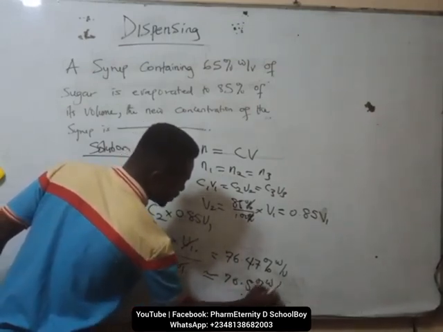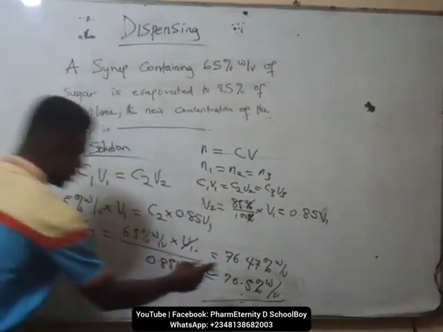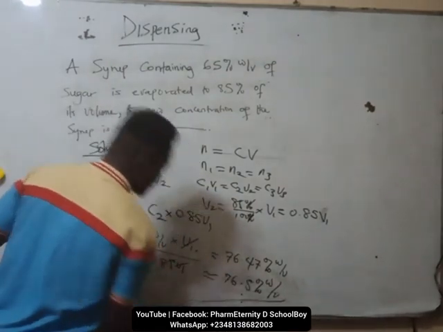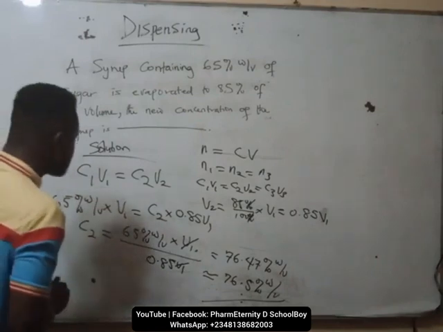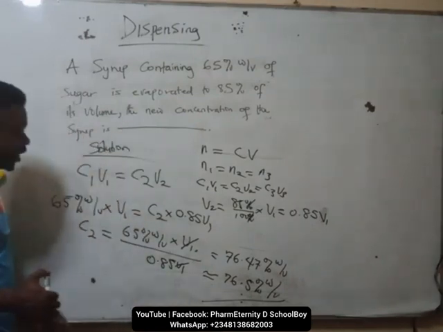So the new concentration of the syrup is 76.5% weight in volume.